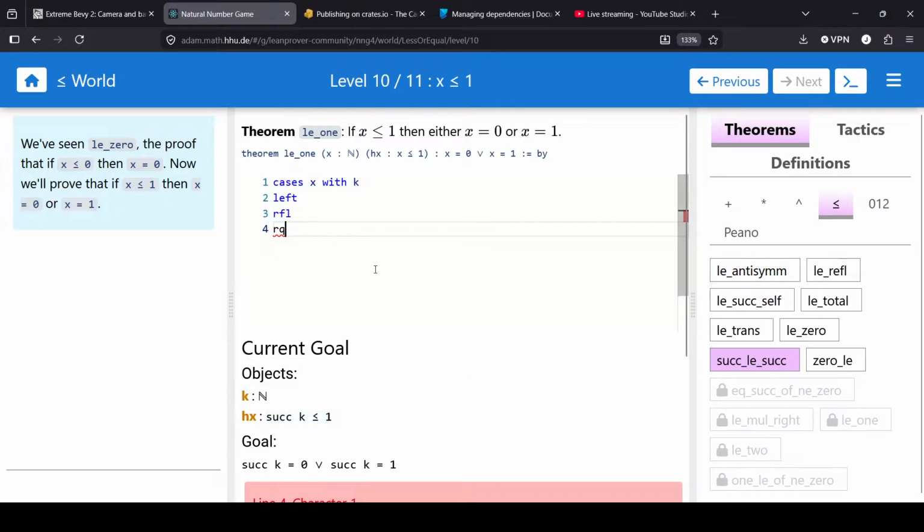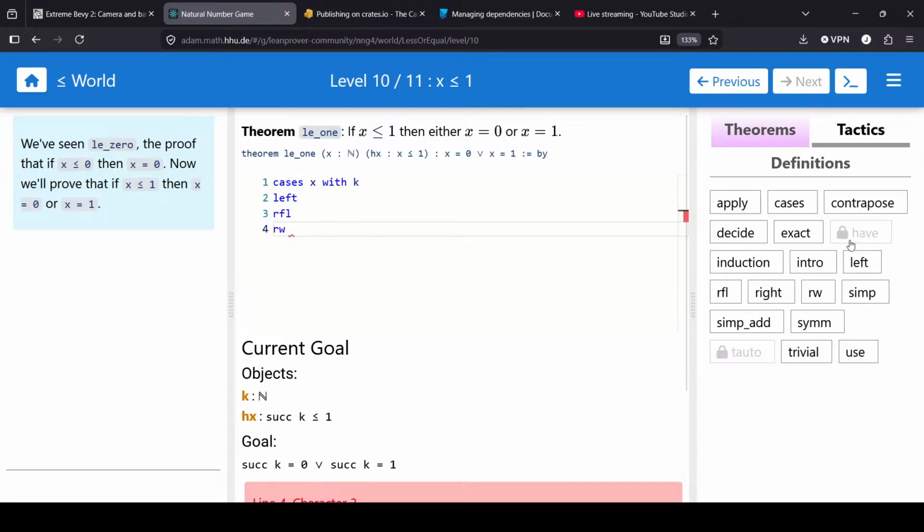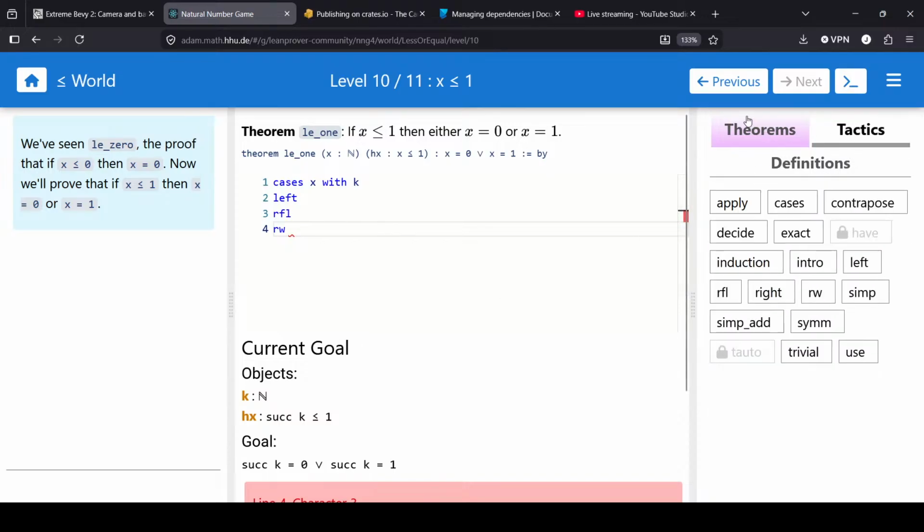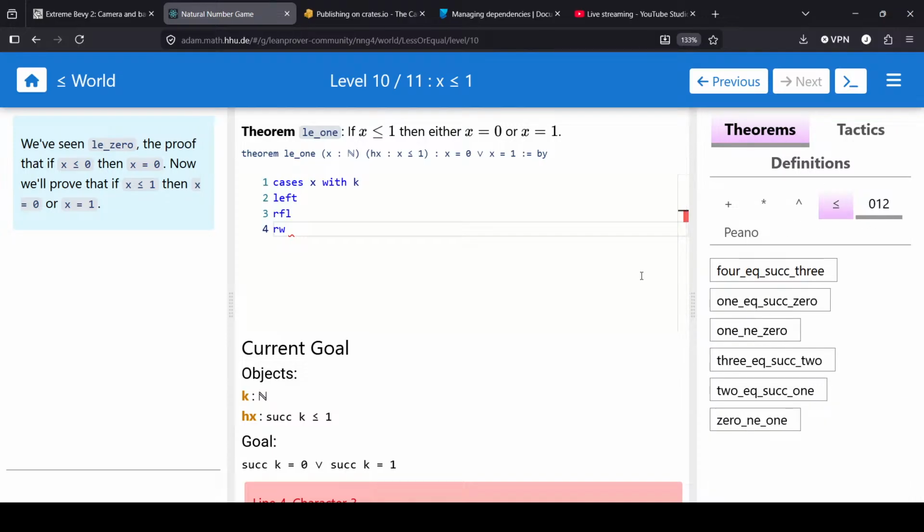Can I rage quit? Yes, the rage quit tactic. That's my favorite tactic. The one where I rage quit. Okay, so I just rewrite with no, it was this. I need to rewrite one.